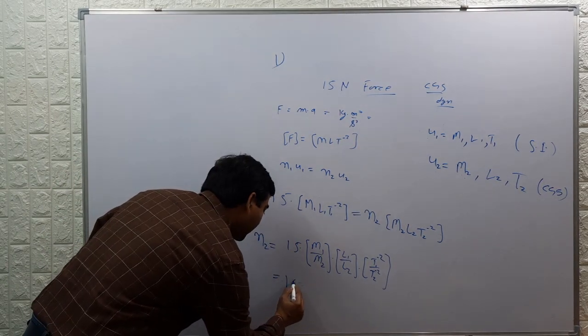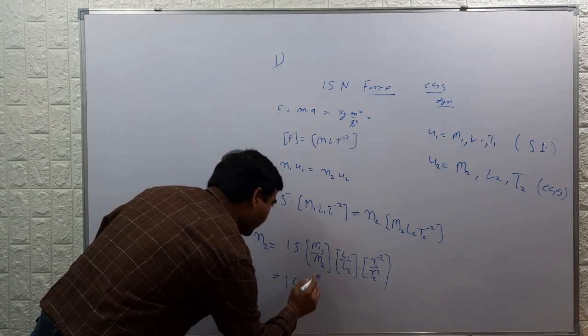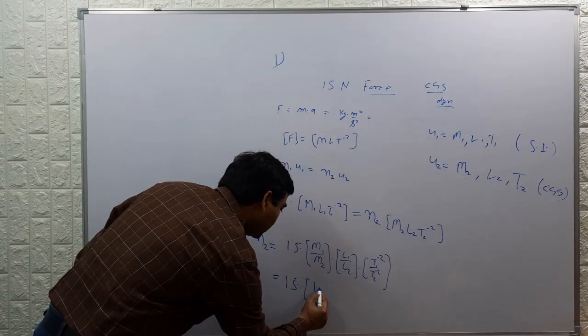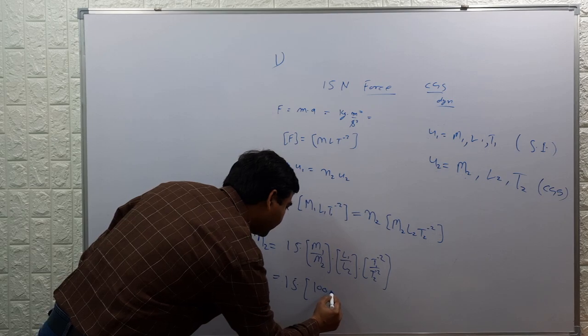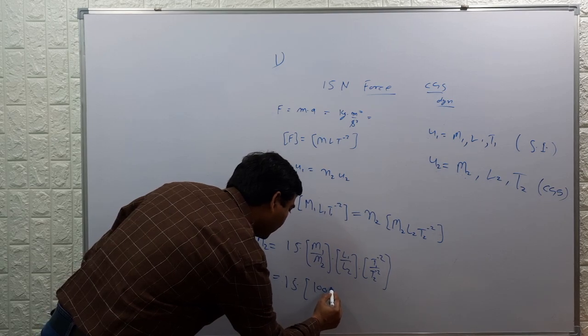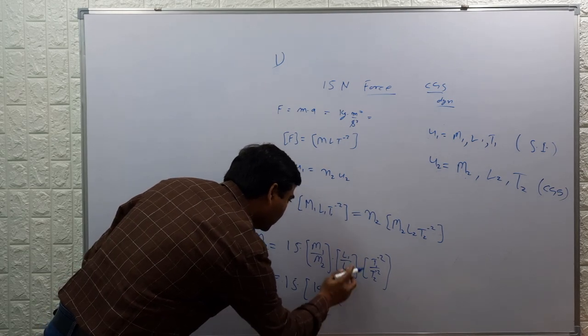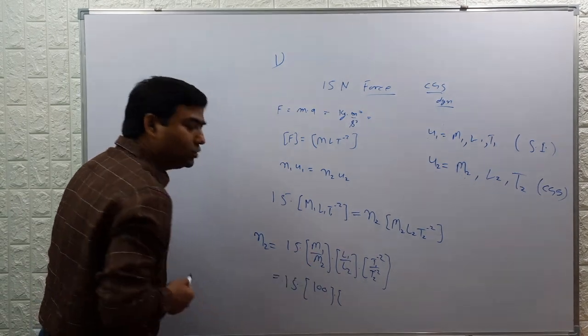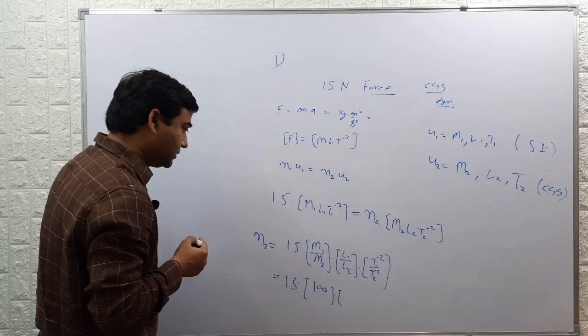So this can be written as 15, 1 meter is 100 centimeter, we know 100 into L1, where L1 is length, L1 is in meter and L2 is in centimeter.